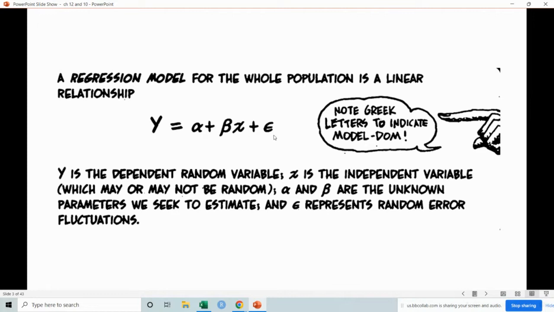And then there's some error associated with the sampling process or any other kind of bias that might have been in there, or all the other x values that are not included. So y is the dependent variable, x is the independent variable, which may or may not be random, and alpha and beta are the unknown parameters we seek to estimate, and epsilon, or small e, represents random error fluctuations.